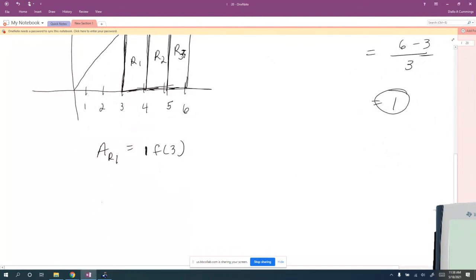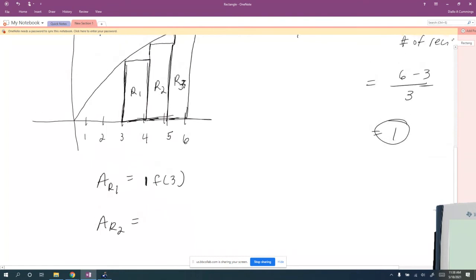Now we can find the area of rectangle 2. We can simply find the area of rectangle 2 by multiplying the width, which is 1, times the height, which is f of 4.